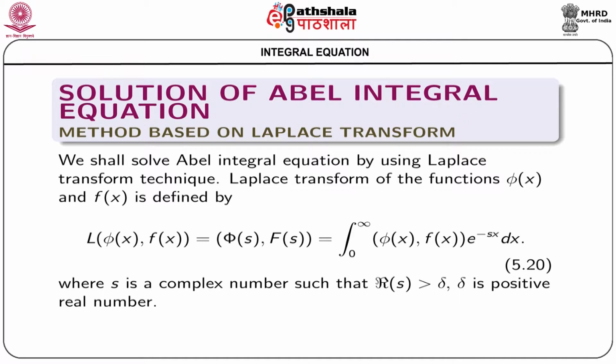This is the Laplace transform of small f x and is denoted by capital F s. Here s is a complex number such that real part of s is greater than delta and delta is a positive real number.